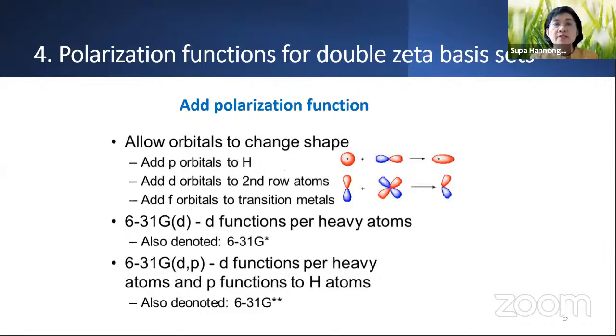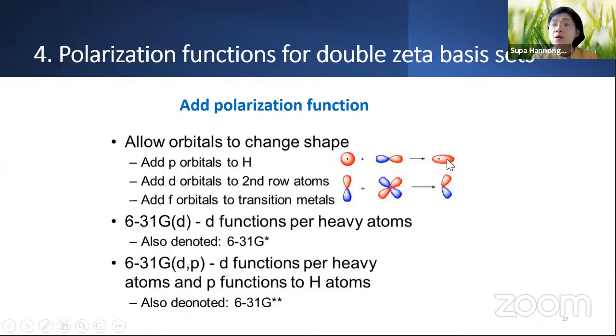If you look at this picture, you can see that this is a 1s orbital. The electron in 1s can polarize a little to one direction to combine with the p orbital, and then you can have an orbital like this.